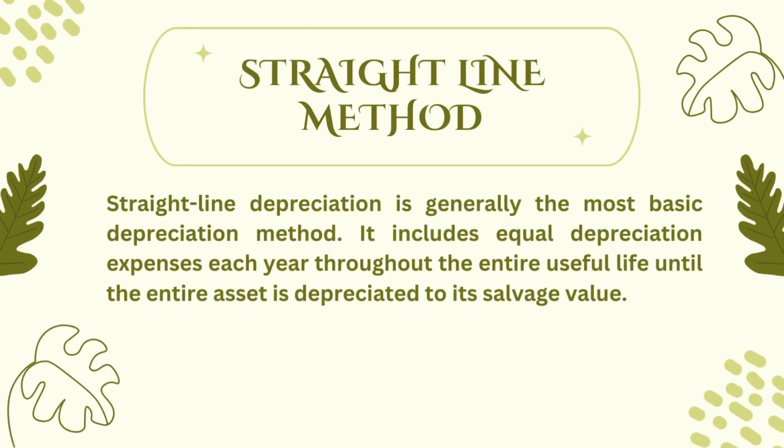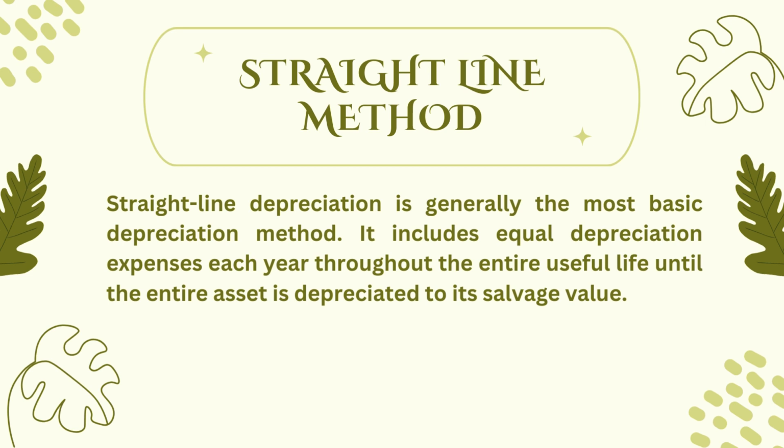To calculate the depreciation value, there are two methods: the first is the straight line method and the second is the reducing balance method. For this video, we focus on the straight line method. The straight line method is generally the most basic depreciation method. It includes equal depreciation expenses each year throughout the entire useful life until the entire asset is depreciated to its salvage value.